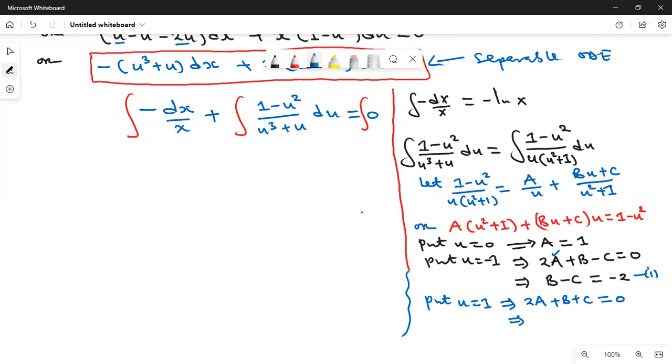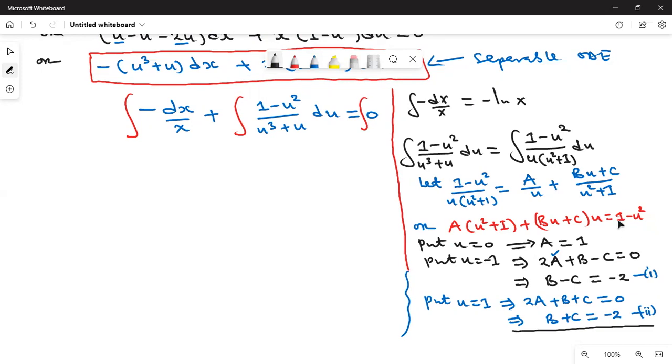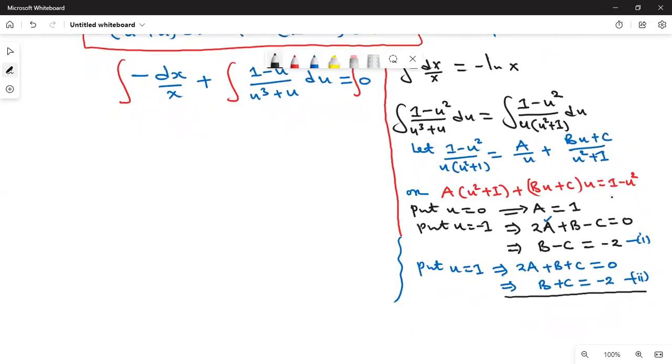Or if I substitute A, I'm going to get B plus C is equal to negative 2. So this is equation 2. When you solve those two equations simultaneously, equations 1 and 2, if I add them, I'm going to get 2B is equal to negative 4. And so therefore, B will be negative 4 over 2, which is negative 2.